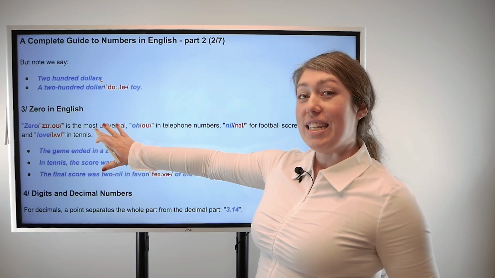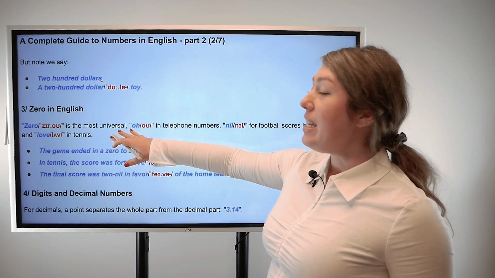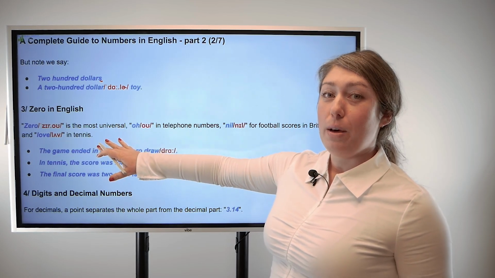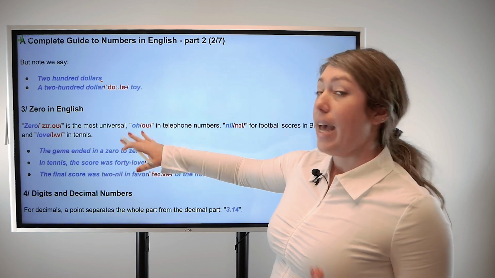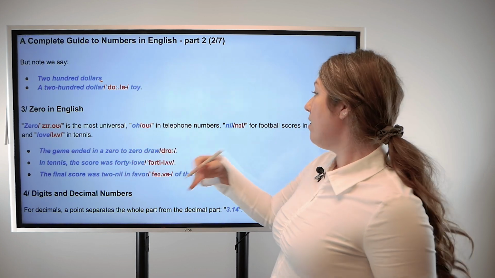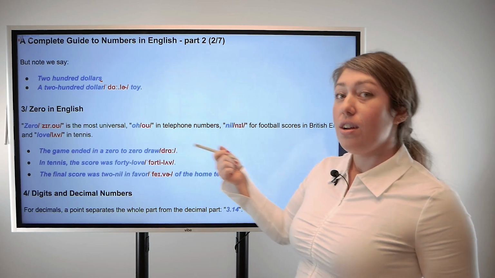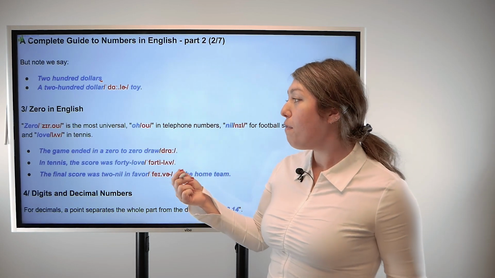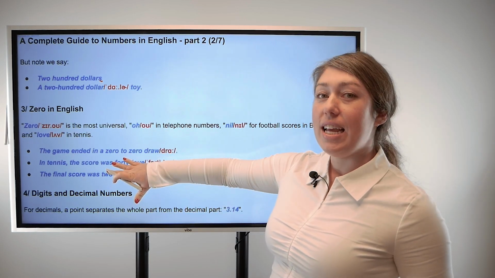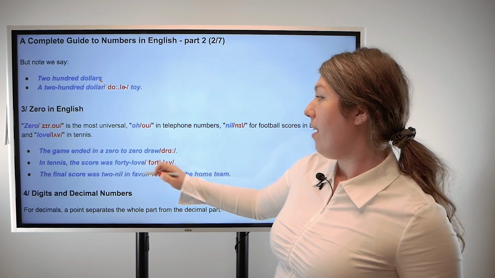So let's look at 0 in English. 0 is the most universal way that we say it, but sometimes we say O for telephone numbers, or nil for football scores in British English, or love for tennis. For example, the game ended in a 0-0 draw.